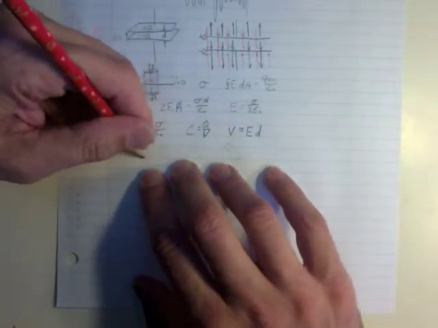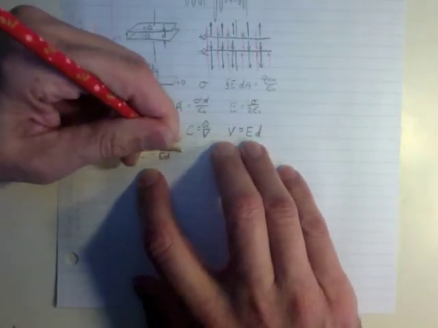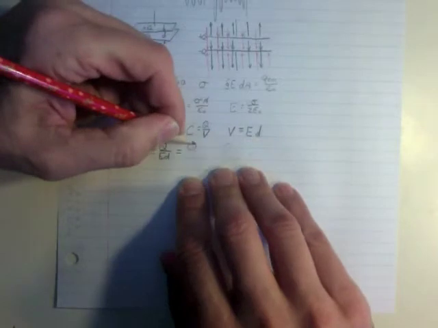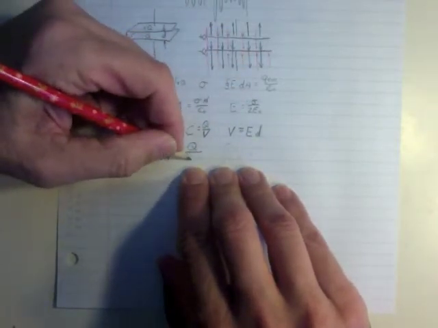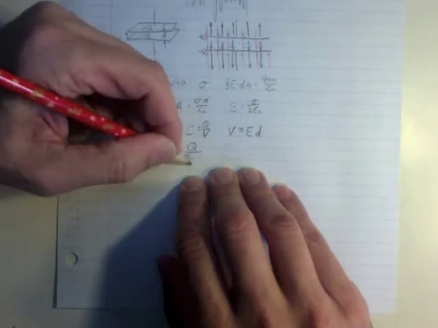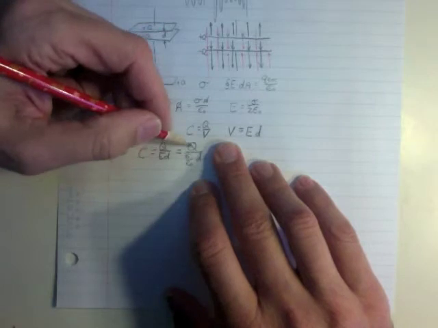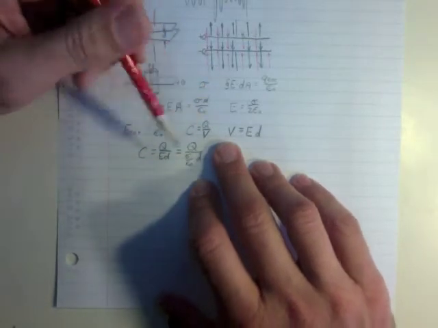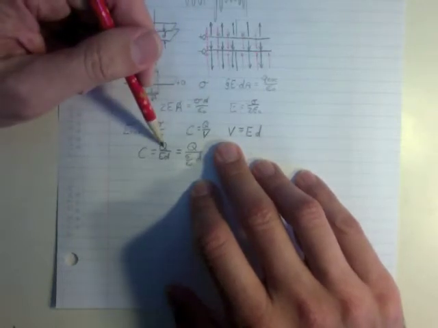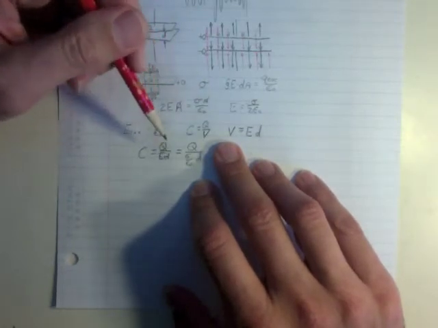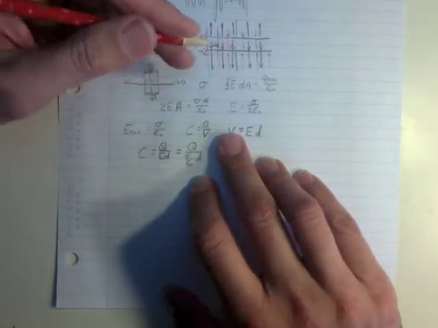Okay, so we know our capacitance is Q over ED, and let's substitute our electric field in there: sigma over epsilon 0 times D. But we can write that sigma in terms of the charge now, and you're going to see this an awful lot. When you solve for the capacitance of an object, you put the charge in, you write the electric field and the voltage in terms of Q, so the Q's can cancel out.